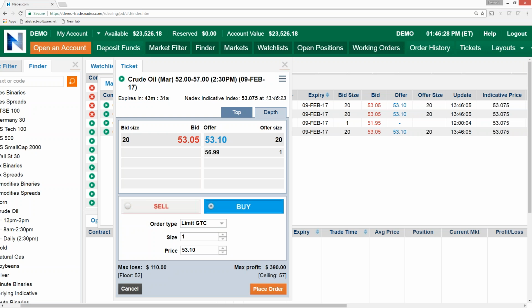So on a day like a crude oil inventories day, this would be something that could manage my risk for me, right? Does everyone see how that works? If the market moves from 53.10 to 54.10, I could exit the spread there. I would make $100. This making sense to everybody?